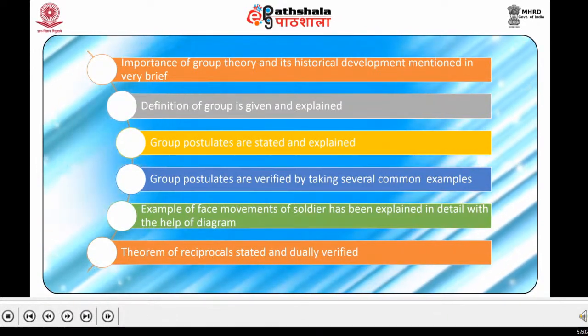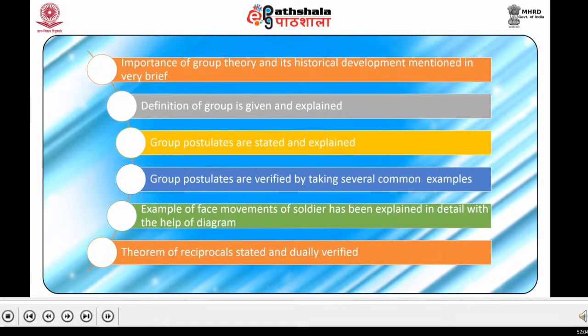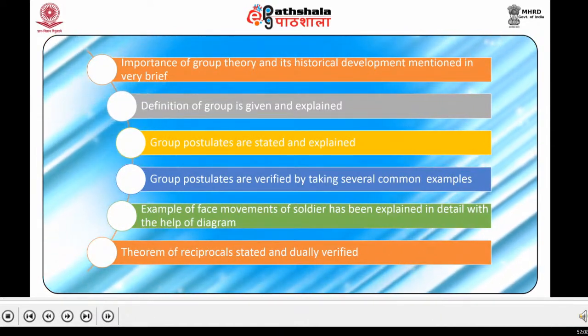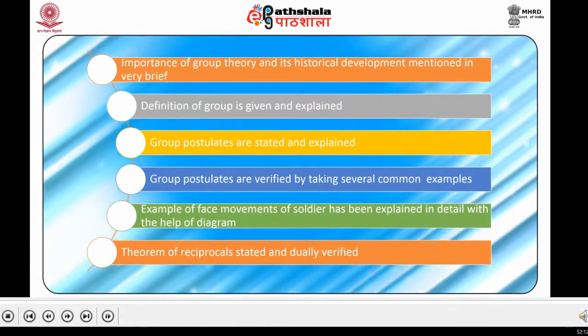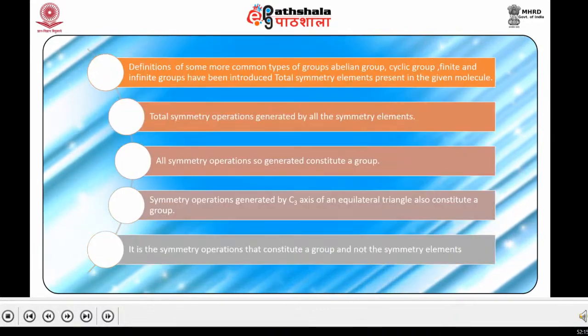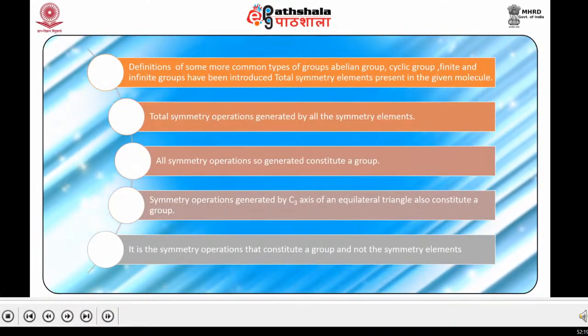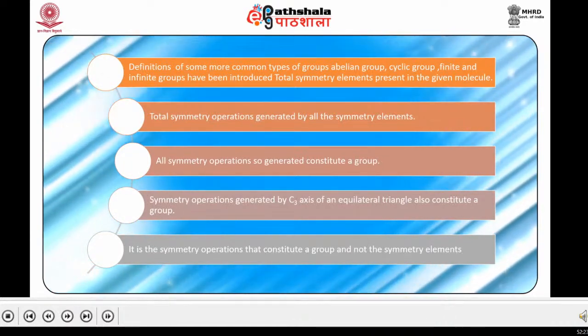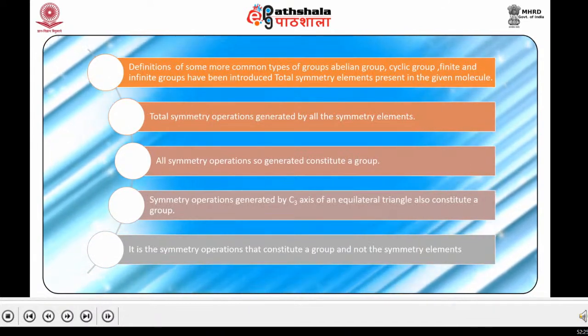The example of the about-turn movement of a soldier has been explained in detail with the help of diagrams of a soldier. The theorem of reciprocal is stated and duly verified. Definitions of some more common types of groups: abelian group, cyclic group, finite and infinite groups have been introduced.